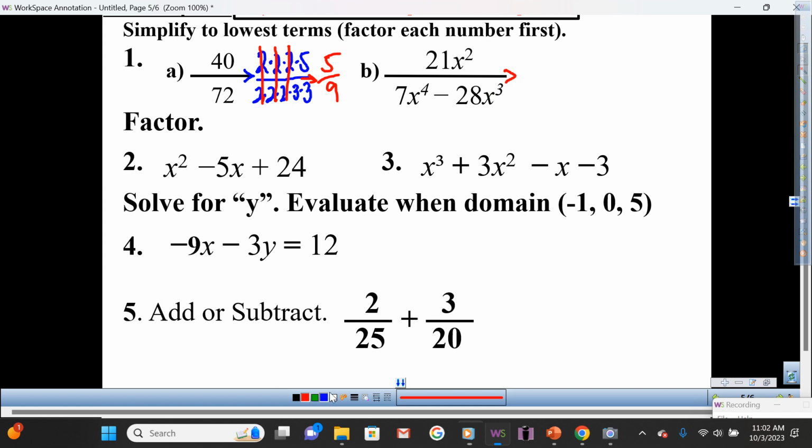1B. Factored form for 1B, let's see, 21 could be written as what? 3 times 7 and x times x. So far so good, yes? The denominator, what would be GCF for these? 7x to the third. 1, 2, 3. And what's left in parentheses?